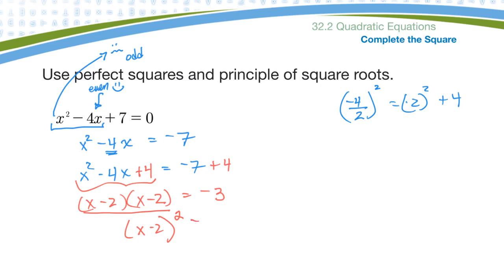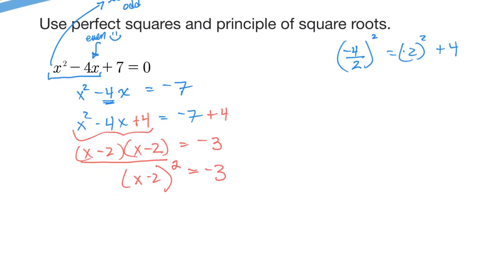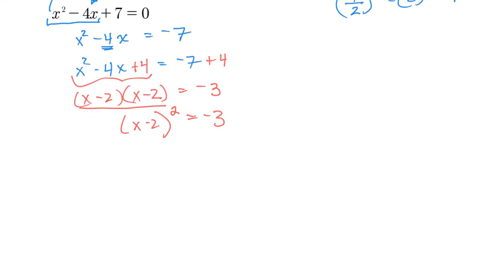So this is equal to negative 3. In this one, I'm going to get a complex number, which might be all right. Anyway, I have something squared equal to something, so now I can use the square root principle. I'll square root this side, and that cancels the square. And if I square root that side, I have to square root this side, and on the right side I put a plus or minus.